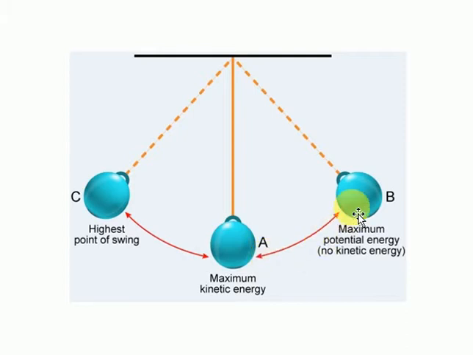When the ball comes from B to A, the potential energy decreases and the kinetic energy starts to increase. When the ball comes to position A, it gets maximum kinetic energy.